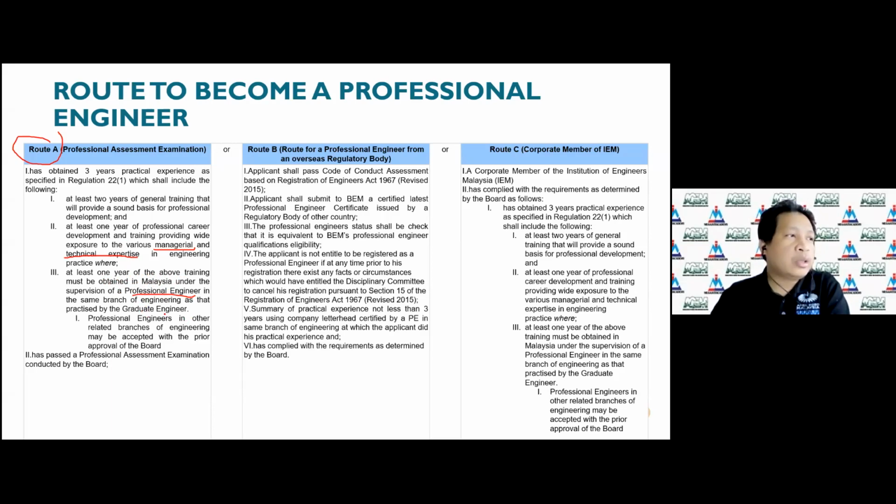So you may ask a question. In some organizations, for example, you don't really do engineering, or you are doing some engineering work but there is no professional engineer in the same branch inside your company.